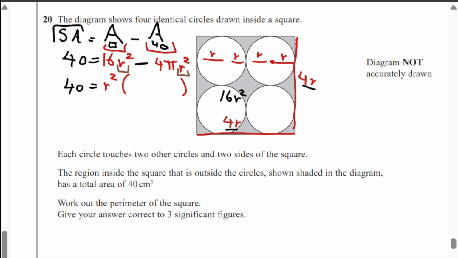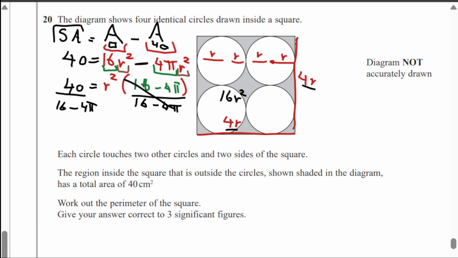On the first part, we'll have 16 left, minus 4 pi. Right? Now, let's divide both sides by 16 minus 4 pi to cancel this 16 minus 4 pi.